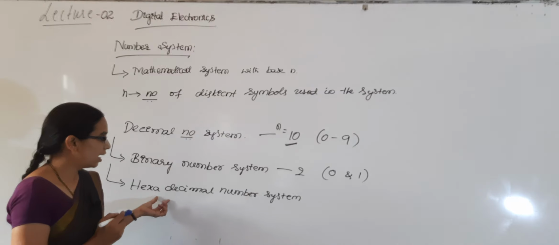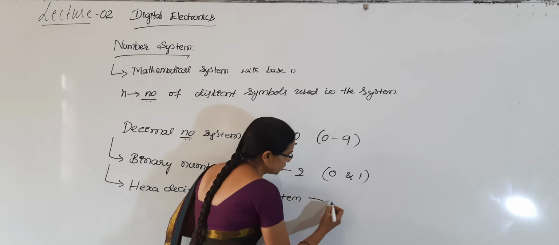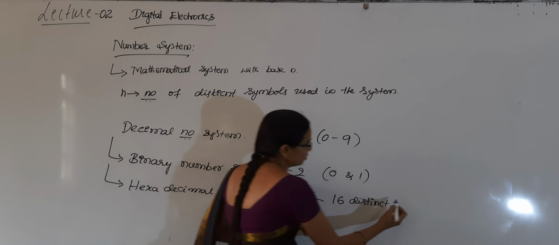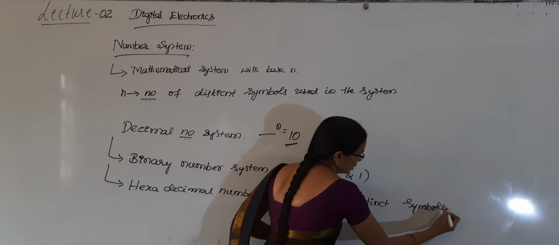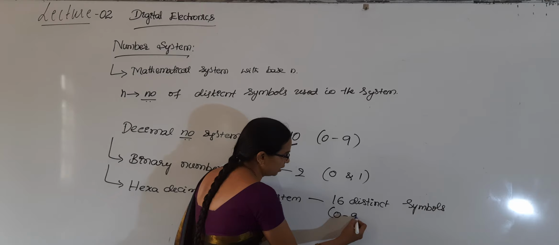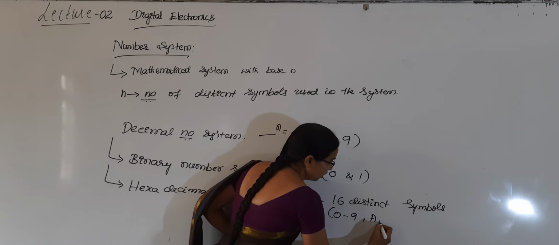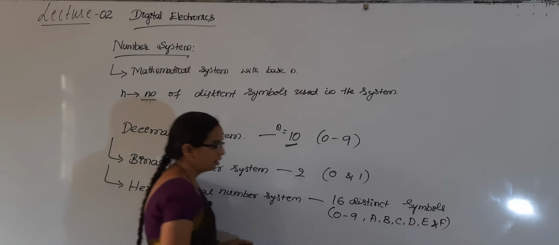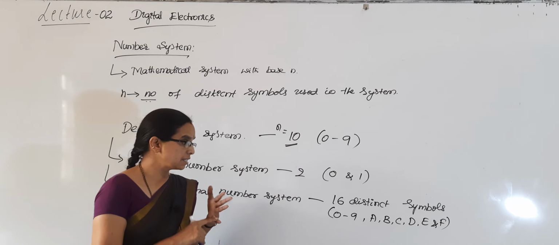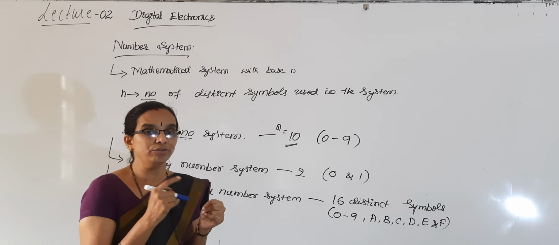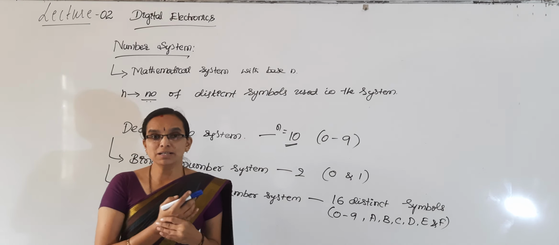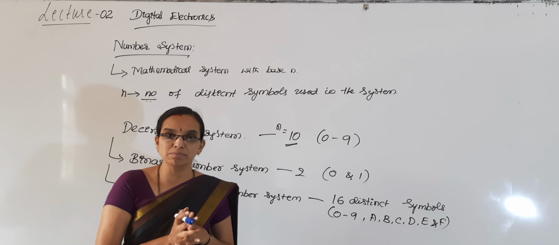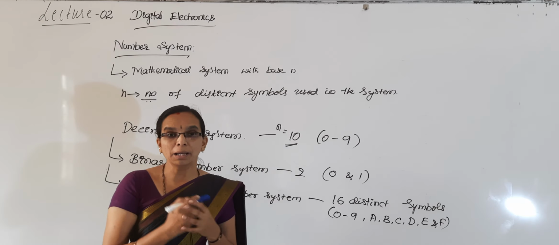And the hexadecimal number system is one which uses 16 different distinct symbols: 0 to 9 from decimal, and A, B, C, D, E and F. It uses 10 symbols from 0 to 9, plus A, B, C, D, E, F. Total 16 distinct symbols to represent the number.